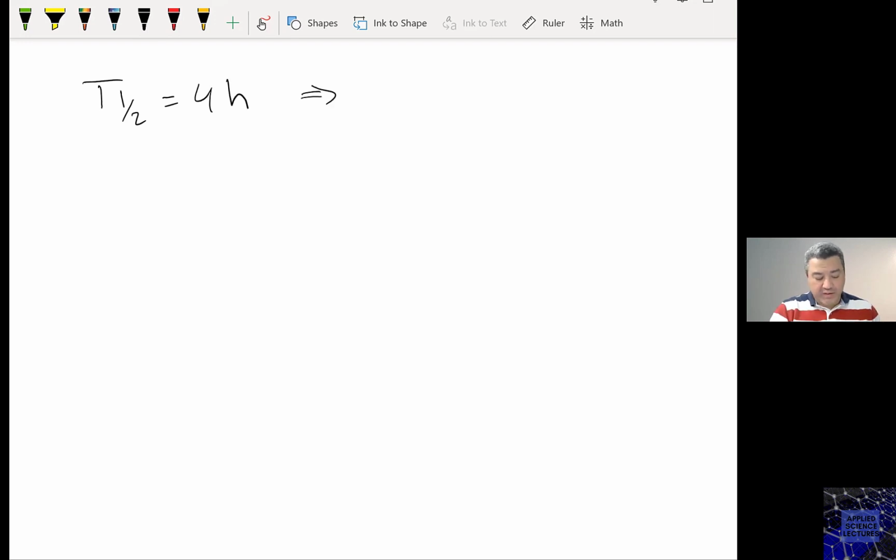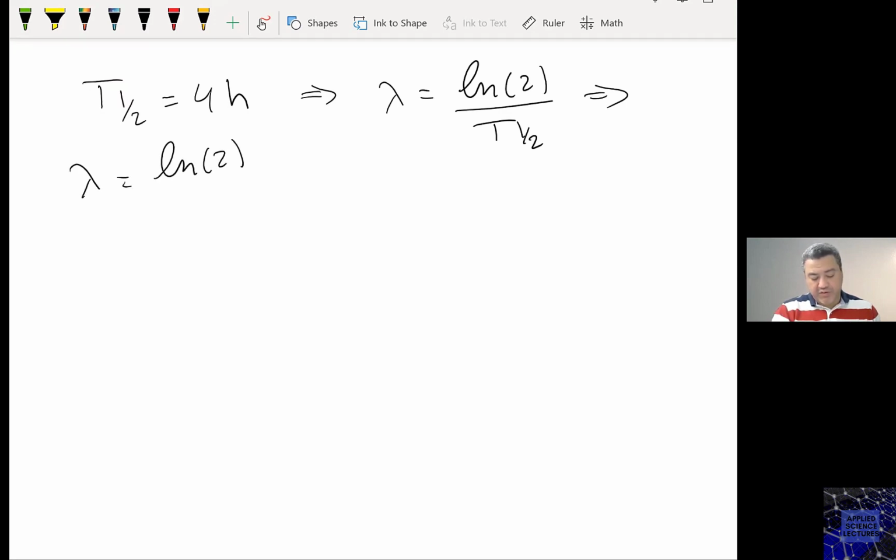We have the half time being 4 hours. We have lambda being natural logarithm 2 divided by half time, which means lambda equals natural logarithm of 2 divided by 4 hours.